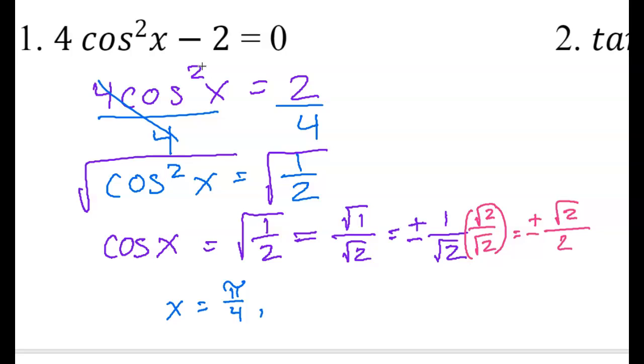I'm going to go in order though, but you're totally right. Those two have the positive square root of 2 over 2. What about the negative square root of 2 over 2 as the x value? That's 3 pi over 4. What else?